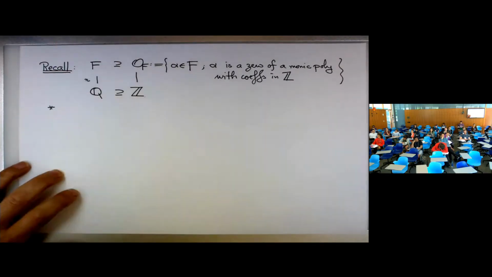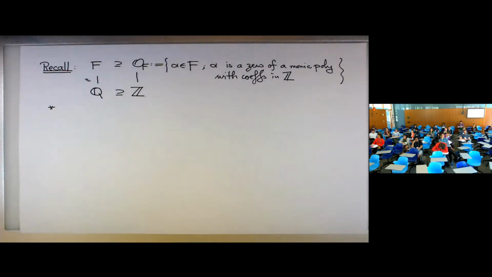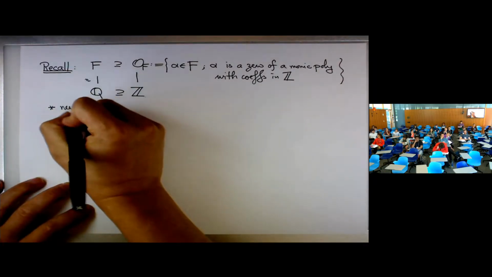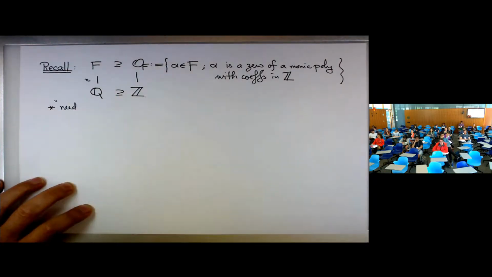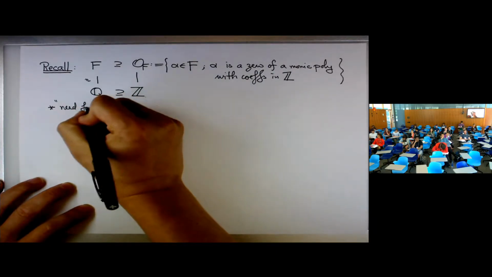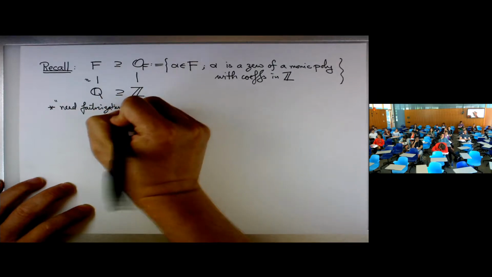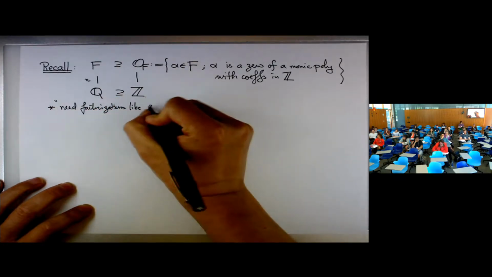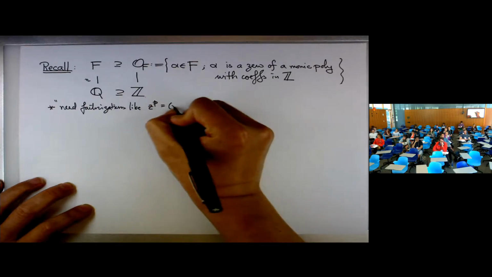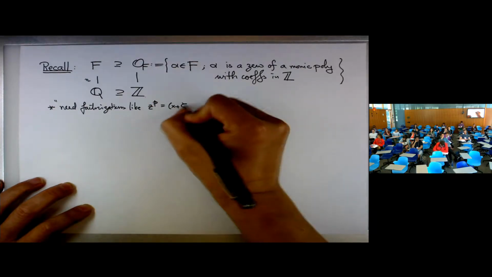And let's also recall why we want to study number theory. By the example we talked about, Fermat's last theorem, we need some sort of understanding of factorization.